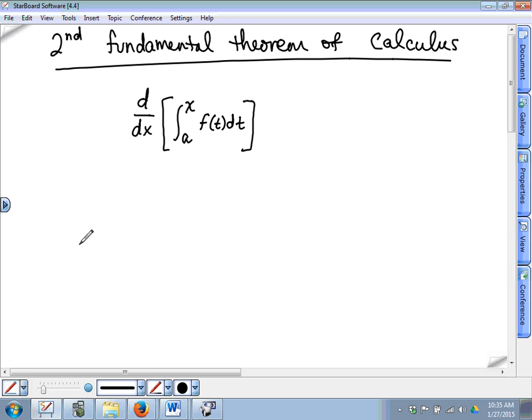The derivative of an integral are pretty much opposite or inverse operations, so they cancel out. Equals the function.